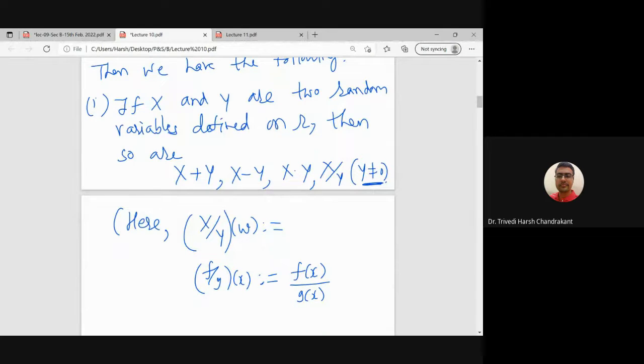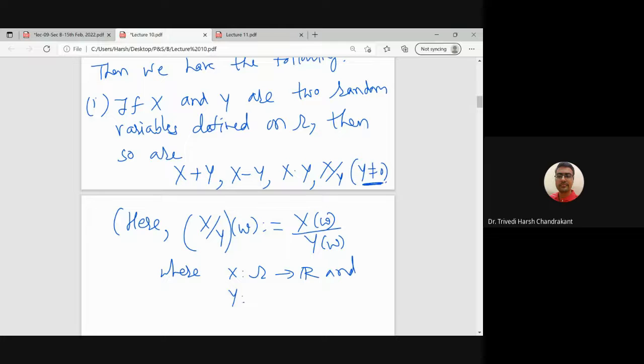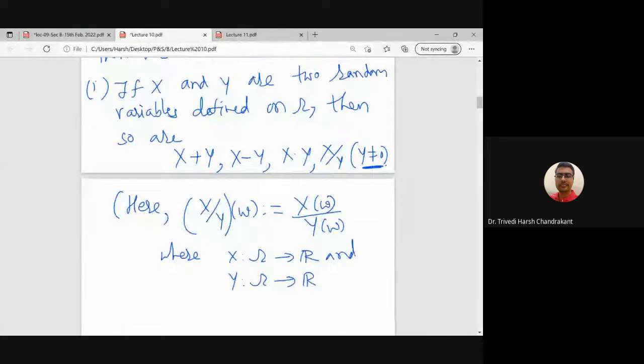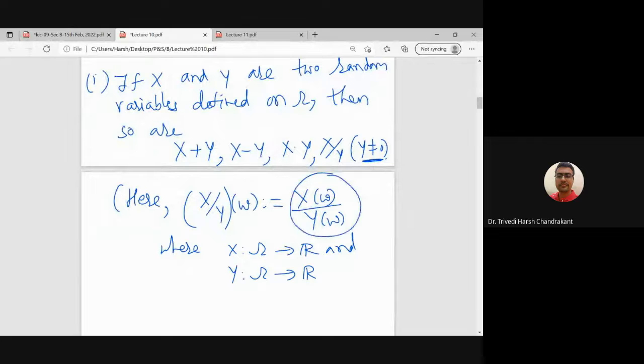The same way here, when we have two functions x and y from omega to R, we define it as x of omega divided by y of omega, or w, whatever you call. So what are x and y? X and y are random variables. So here we are using the property that the codomain is the real numbers, because we are dividing the elements of the image set, the range.